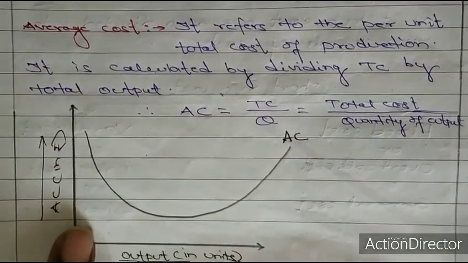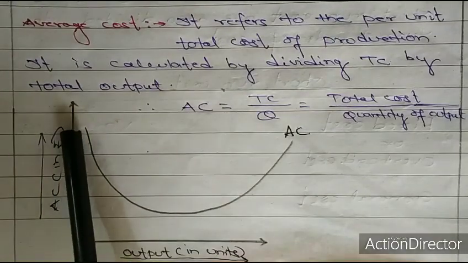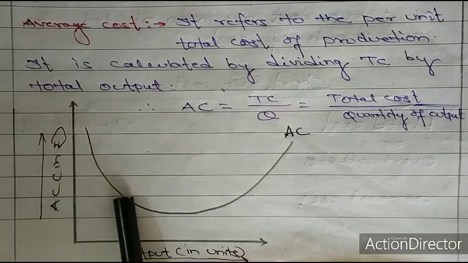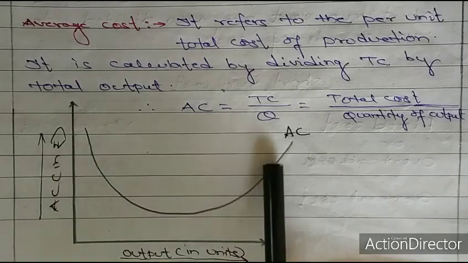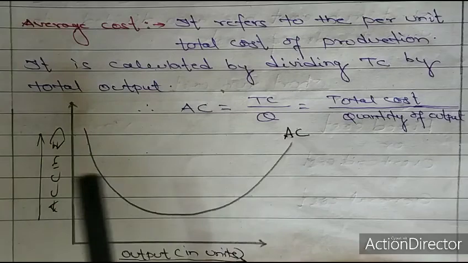As we increase the output, the average cost initially decreases, then remains the same, and then starts increasing. That is why it is U-shaped. Let us understand once again.